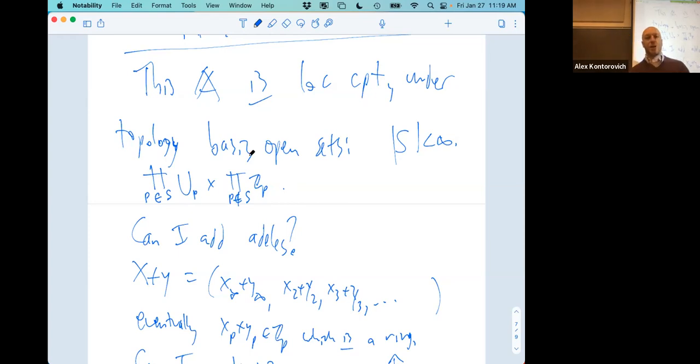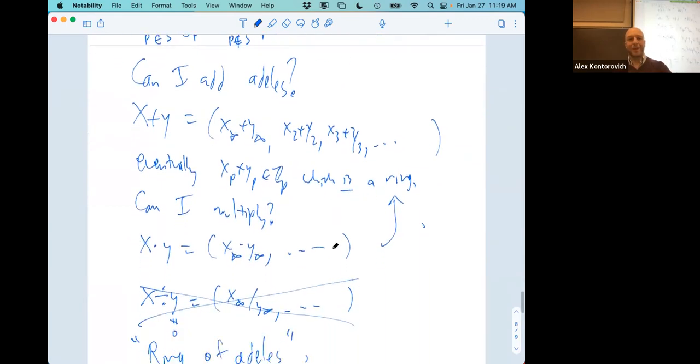What I'm concerned about is that a basis means I can take arbitrary unions of things like this. Sure, I can. But an open set will be an arbitrary union of these things. So we have to be a little more careful. I'm not sure. Let me think about that.